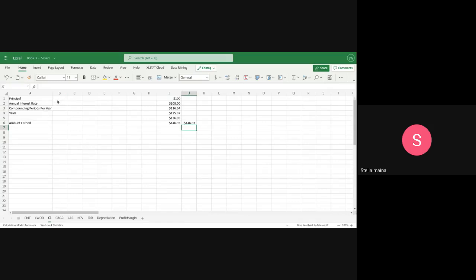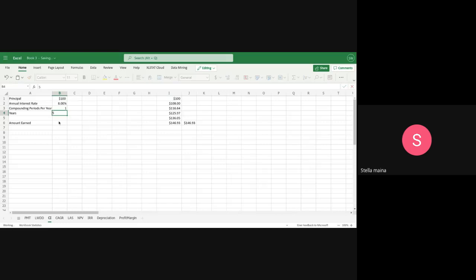So in case you have put $100 in your account and you want to know how much your investment will be worth after 5 years at an annual interest rate of 8%, you just go ahead and say the principal is $100, the annual interest rate is 8%, compounding periods per year is 1, and the years are 5.